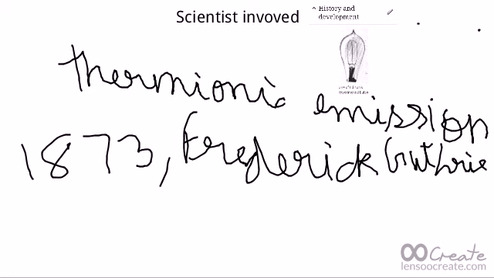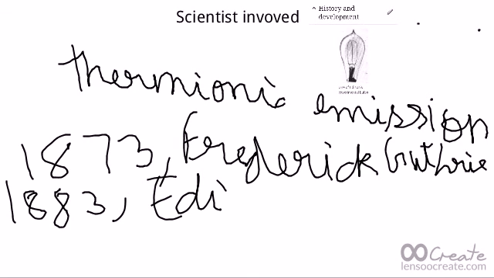Then it was Thomas Edison's 1883 investigation that spurred future research, the phenomenon thus becoming known as the Edison effect. Edison patented what he found, but he did not understand the underlying physics.